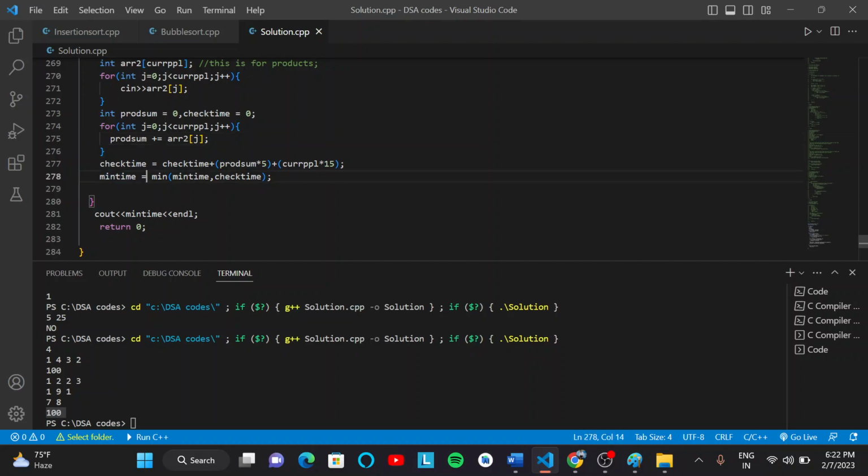Then minimum time equals the minimum of minimum time comma check time.